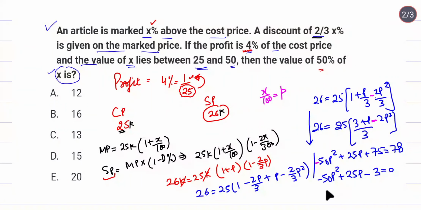So taking minus common, so 50p square minus 25p plus 3 equals to 0. So this is a quadratic equation and we have to solve the roots. So again same procedure: 50 into 3 is actually 150, and we have to split this into 2.